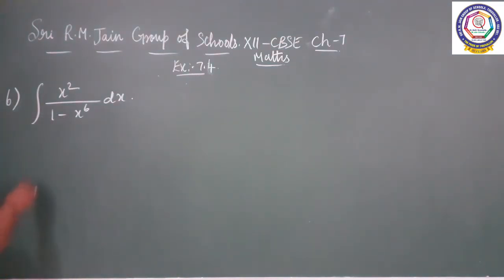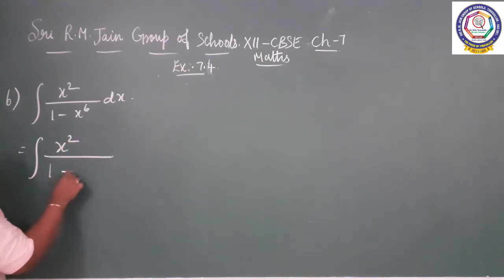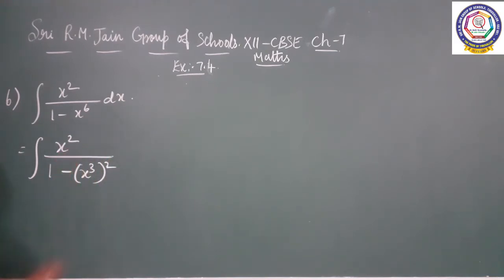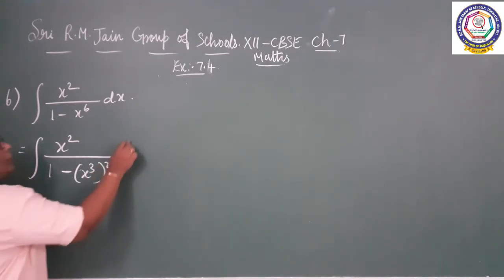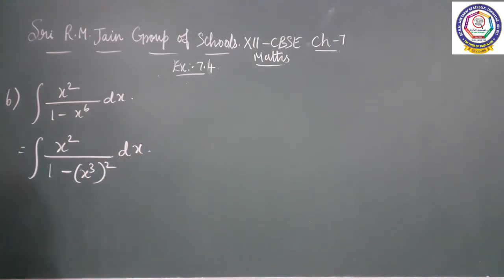You can write it in the form x square by 1 minus x cube the whole square, since a power m into whole power n equals a power mn. Now you can take x cube equal to t.